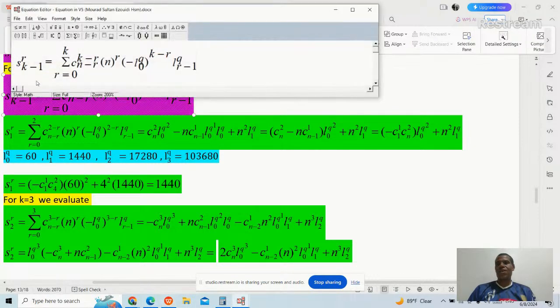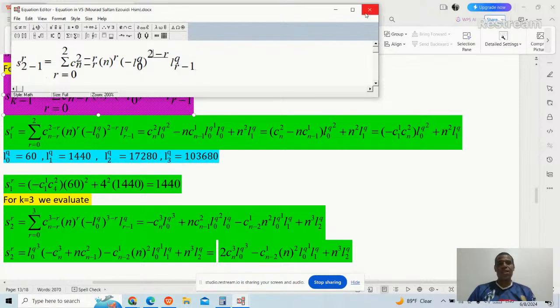I will just replace k with 2. I will obtain S2 minus 1, which is S1, equal to the sum from 0 to k, where k is equal to 2. Therefore, combination n minus r choose 2 minus r, and n raised to the power r between parentheses negative L0 for the q raised to the power 2 minus r multiplied by L r minus 1 over the q.